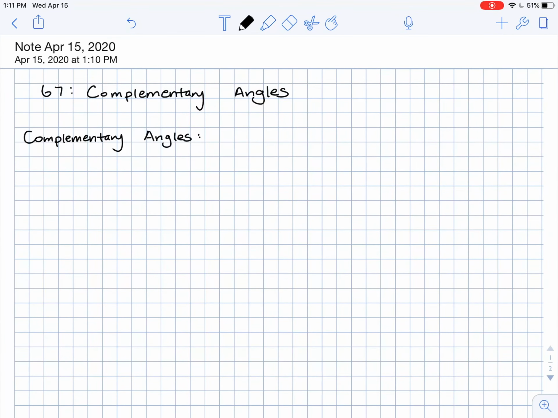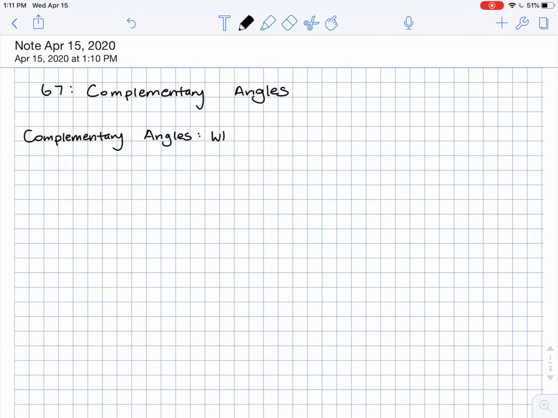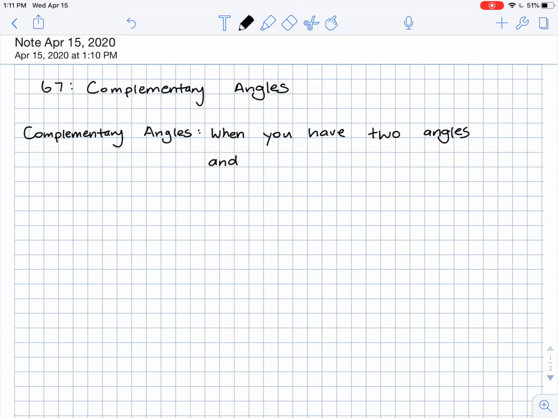So complementary angles are when you have two angles and the sum of their measurements add up to 90 degrees.